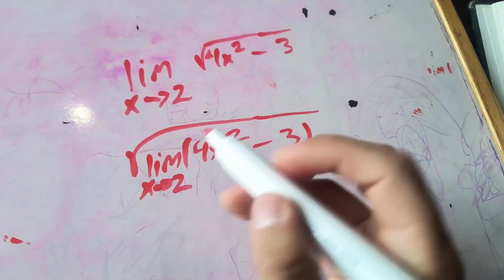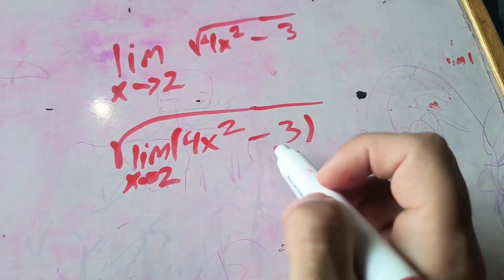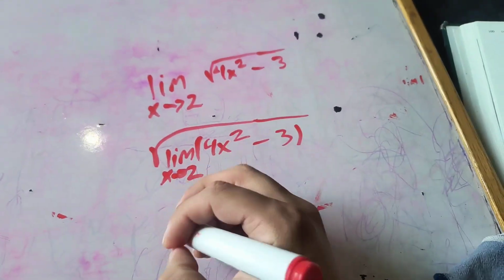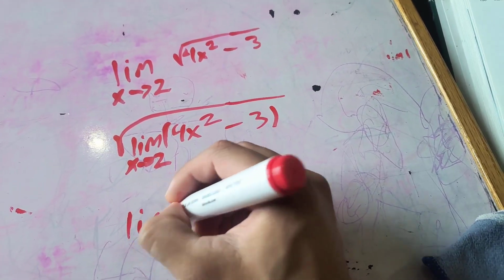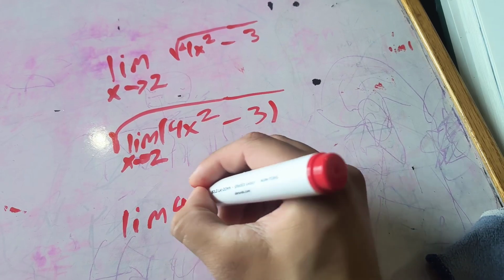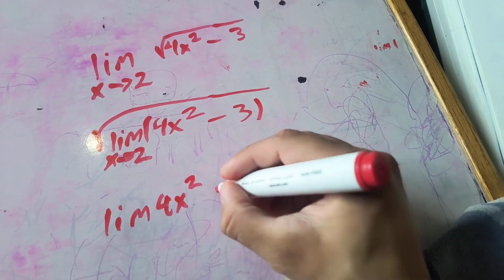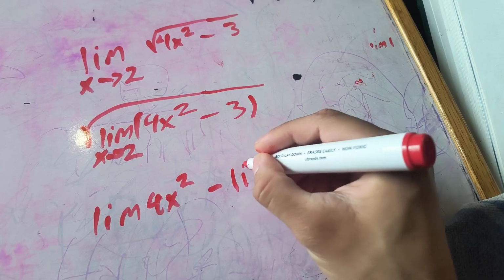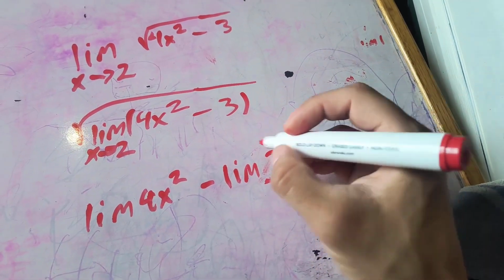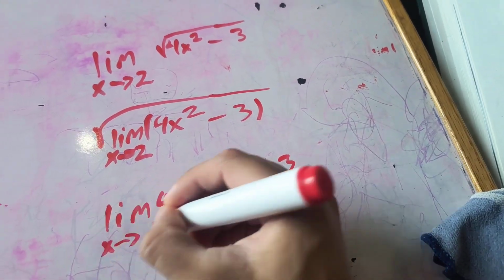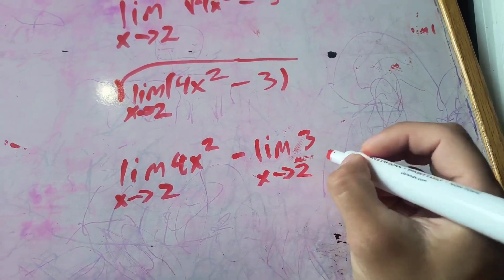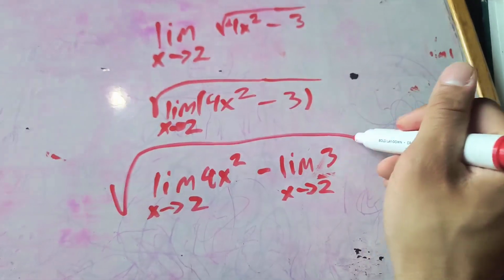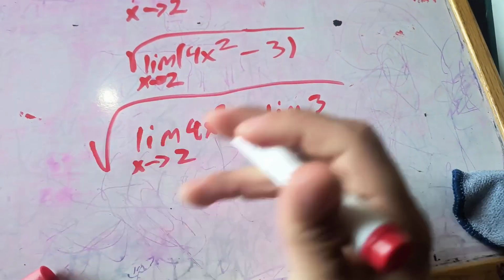And then we know, again, we can split these up because these can be treated as separate functions. We can say this is the limit of 4x to the power of 2 minus the limit of 3 as x approaches 2, all under the square root.